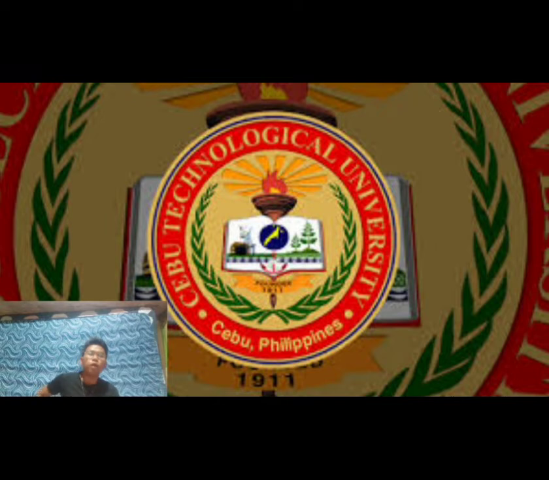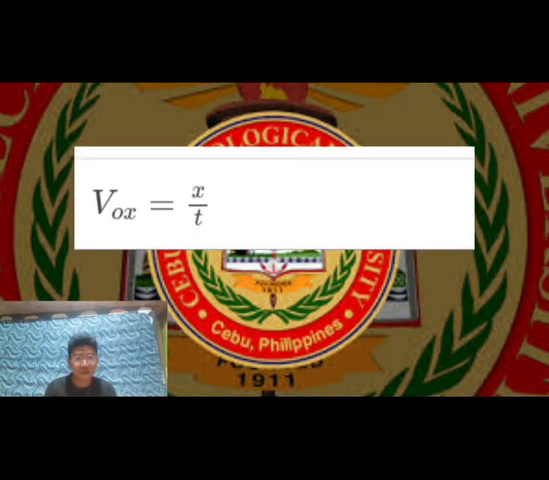So we have the formula of initial velocity at x is equal to delta x, or change in x, all over the total time, so substitute the given values.